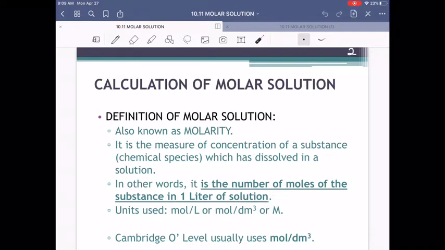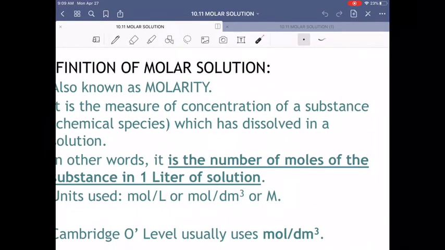The units used for this topic are mole per liter, or mole per dm cube, or big capital letter M, but Cambridge O-level usually uses mole per dm cube. Your syllabus usually uses this. Okay, let me highlight for you.